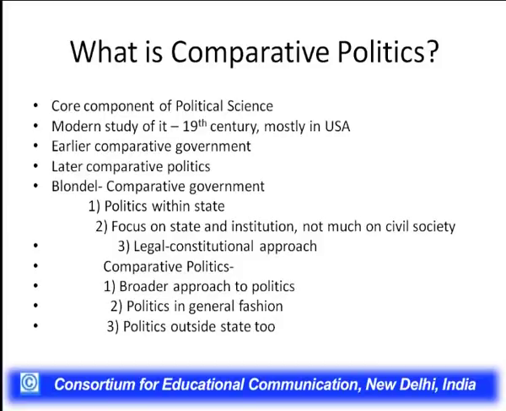Earlier, when we were talking of comparative politics, we were mostly dealing with comparative governments, comparing governments in their constitutions. But particularly by the 20th century, a new awareness dawned on political scientists that it is not only government which is important to classify and compare, but it is also important to know about peoples, their behavior, their culture, their conduct, and therefore the overall situation which prevails in civil society.